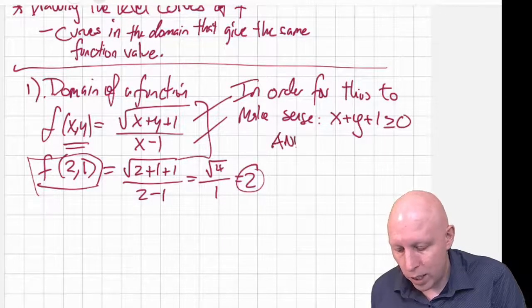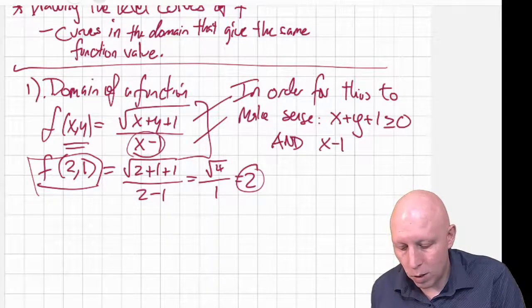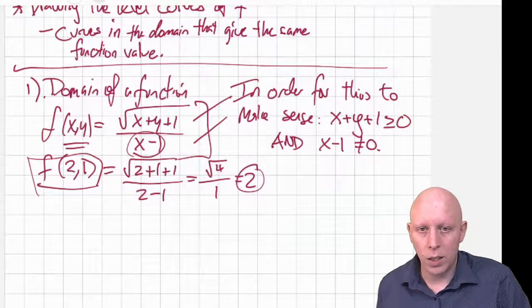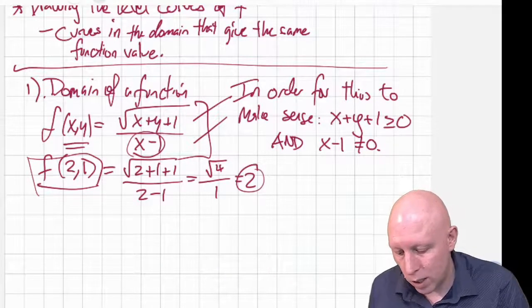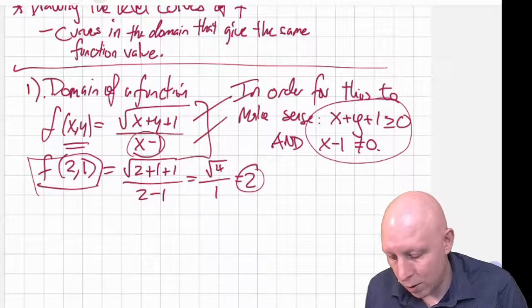And we need that the denominator is not 0, and x minus 1 is not equal to 0. So those two things together are going to tell us what's allowed.